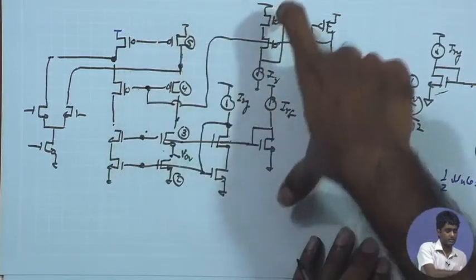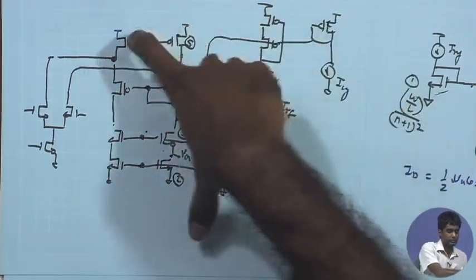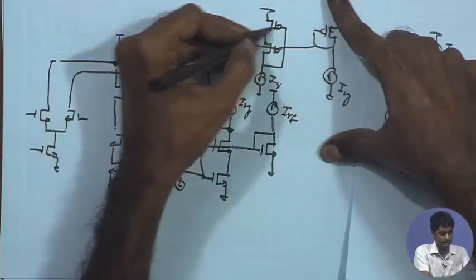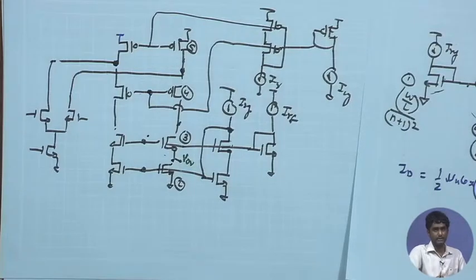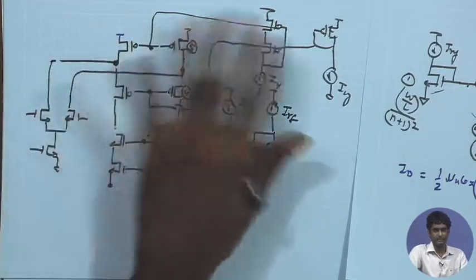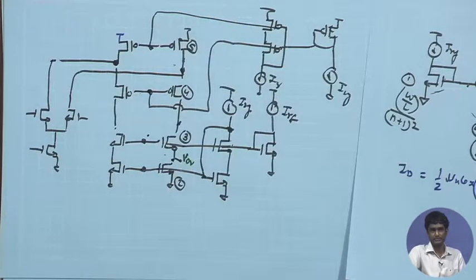So the current in these 2 PMOS devices is not the same as the current in this one. So I cannot directly connect it over here and say that my overall biasing condition is met, because the current matching is not satisfied as we used it for the NMOS case.